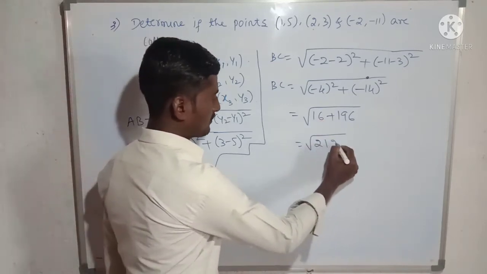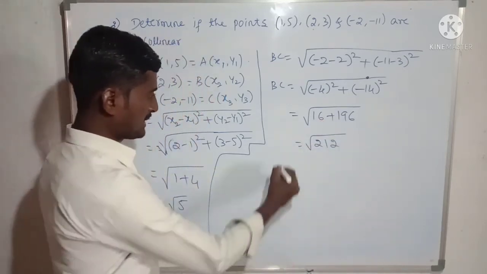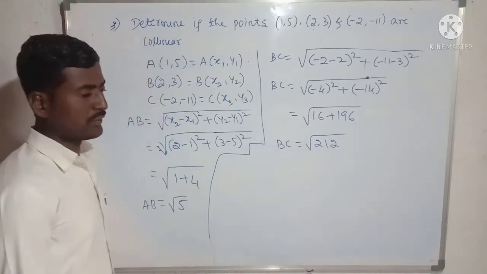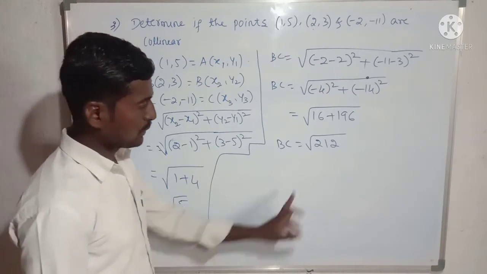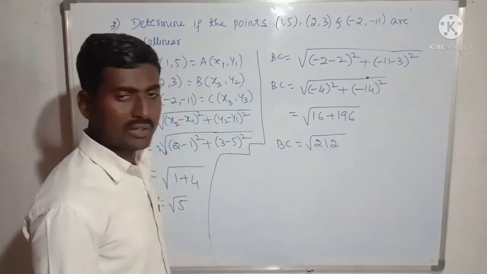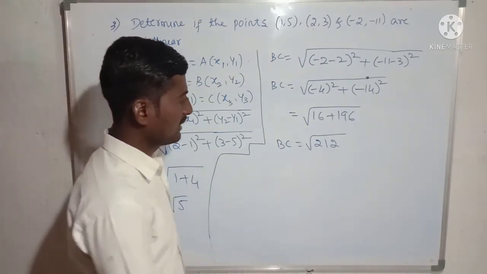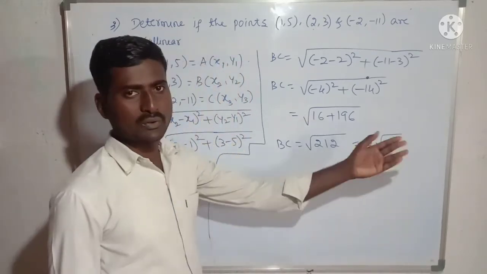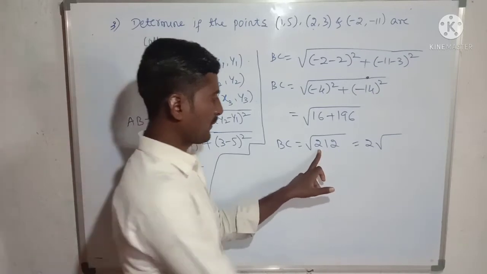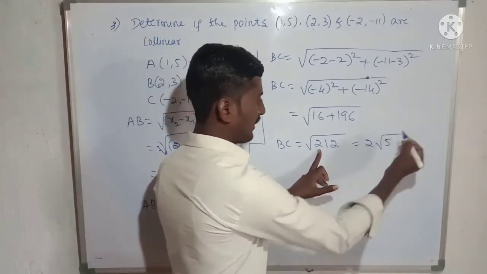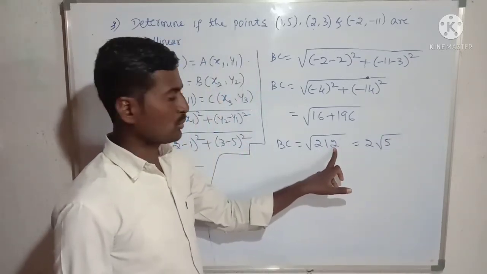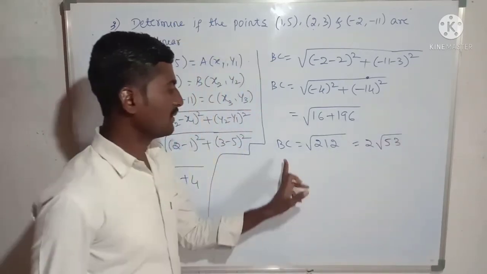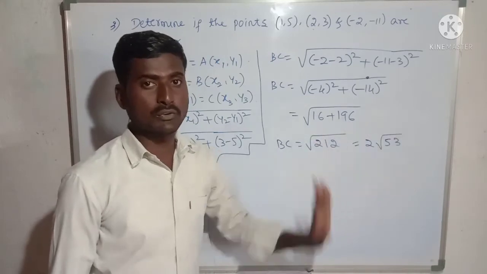Am I right? BC value is 212 under the root. Now we shall write it in simplest form. 212, is it divisible by 4? Yes, it is divisible by 4. So square root of 4 is 2. 4 fives are 20, carry 1, it will become 12. 4 threes are 12. It means BC we are getting as 2 root 53.